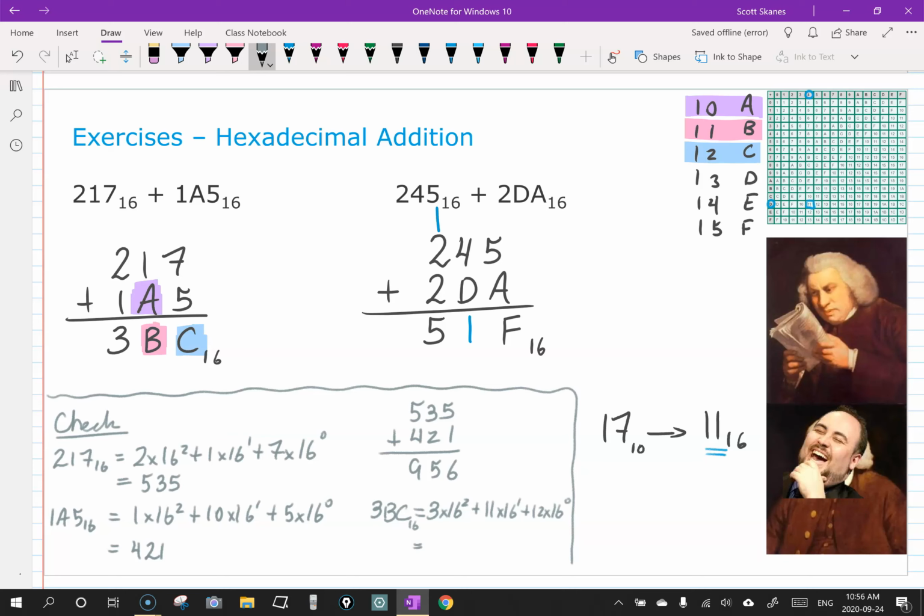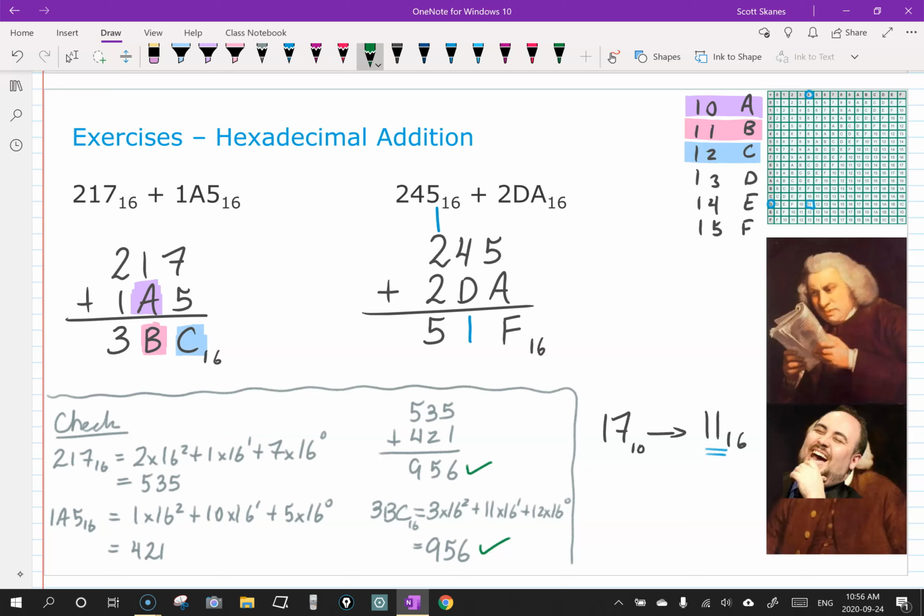Moment of truth. 3 times 16 squared plus 11 times 16 plus 12 times 16 to the power of 0, it's 956. So I've convinced myself, and hopefully you as well, that doing hexadecimal addition is just as legitimate as converting to decimal first and then checking it, but doing the huge conversion process is way more work than just learning how to add them as they are.